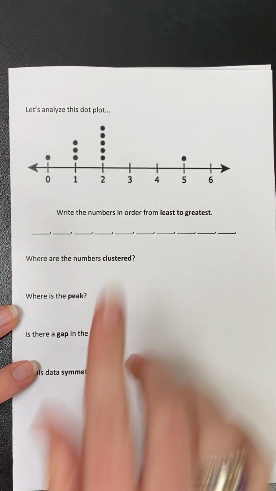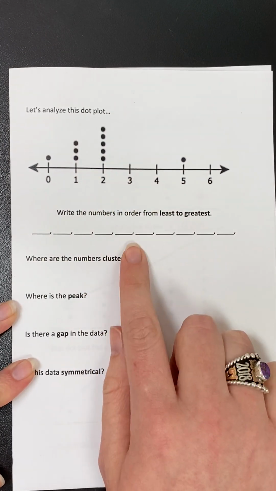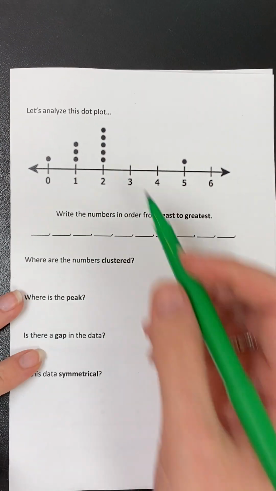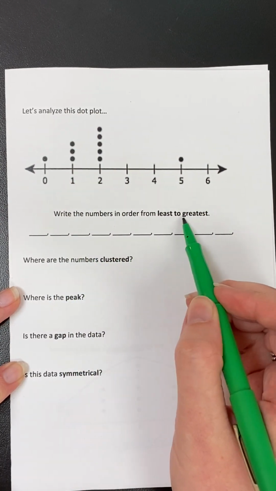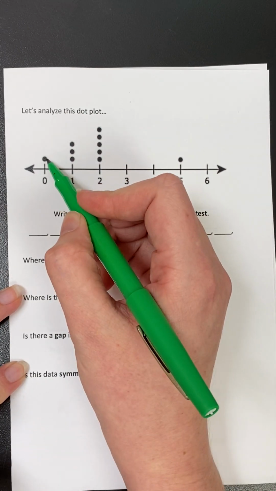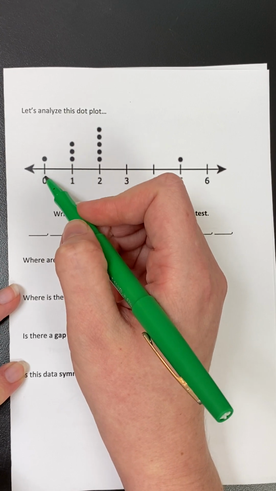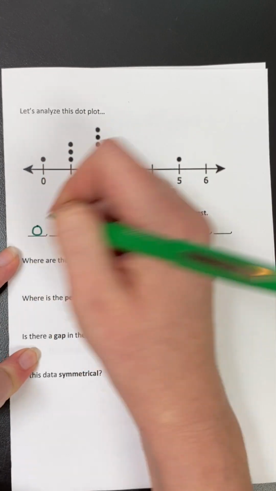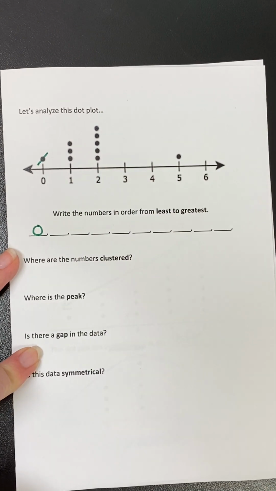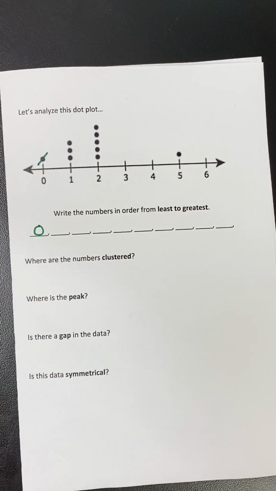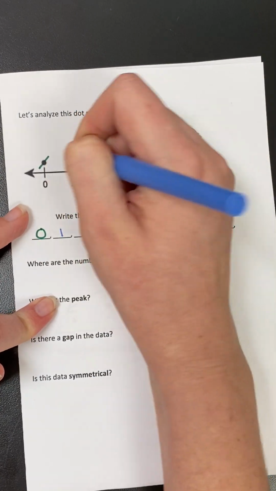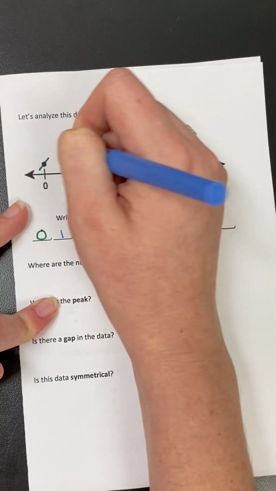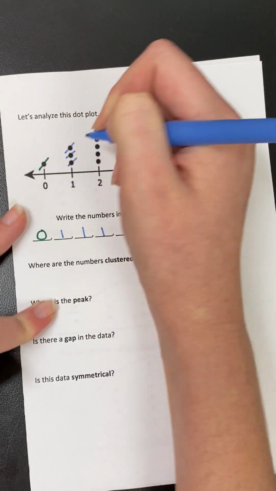Okay, let's flip over to the last side. So now this time I have a dot plot and we're gonna go backwards. So if it says let's analyze, I need to write my numbers from least to greatest. So this dot represents a 0. So I have 1 0. That's this dot. Okay. Then I have a 1. I have another 1 and another 1.